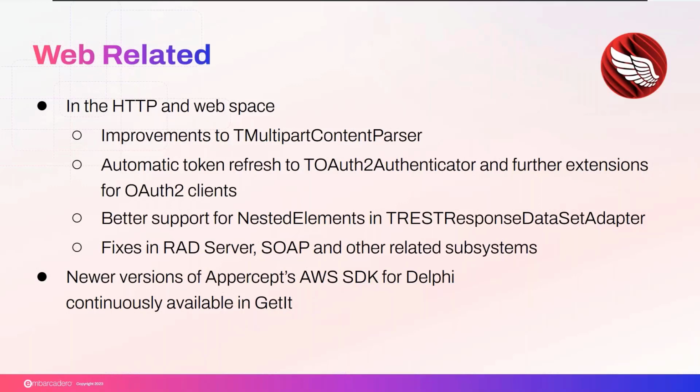So in case you're fetching data from an API and you are getting nested results and you wanted to convert those to a MemTable, for example, now we have new ways to handle those nested results and import them in MemTables. Also fixes in RAD Server and SOAP and other related subsystems.